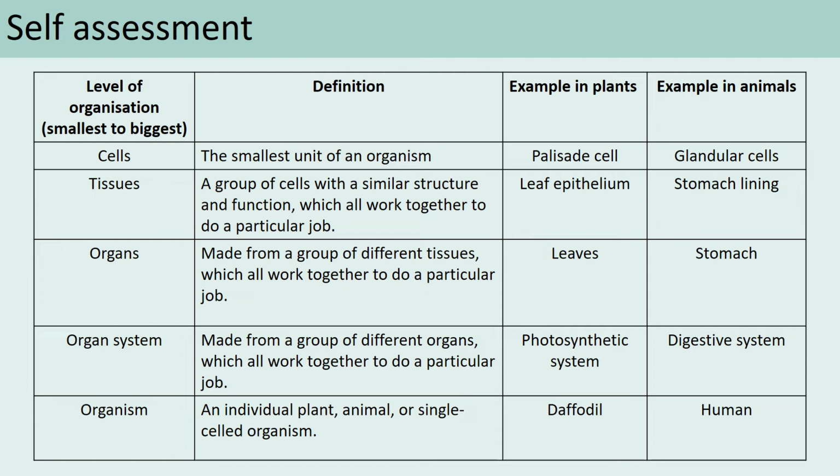An example in animals is the digestive system. For an organism, this is an individual plant, animal or single-celled organism. So bacteria are organisms, even though they only contain one cell. An example of plants will be a daffodil. An example in animals will be humans.